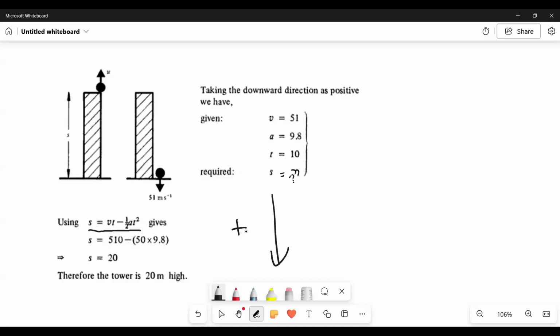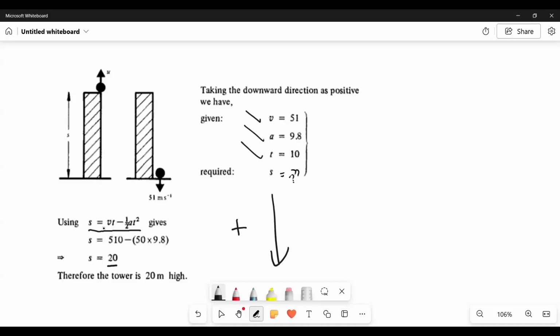In this problem, because the stone was thrown up a little and then it came down, the vast majority of its journey is coming down. Therefore, the author says, look, let's treat down as positive, right? So the V is positive, notice. The A is positive. Well, time is always positive, right? So we need to find S, right?